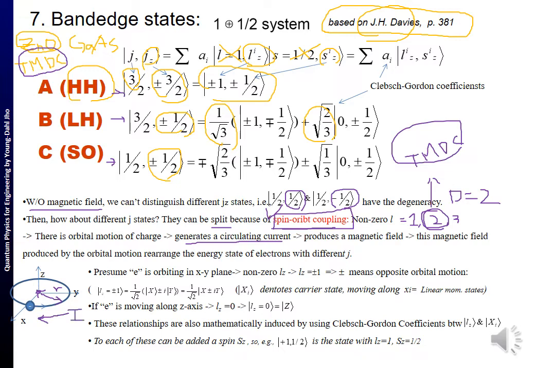It produces a magnetic field, so the magnetic field direction is like this. This magnetic field produced by the orbital motion rearranges the energy states of electrons with different J. It means the spin state of the electron is influenced.